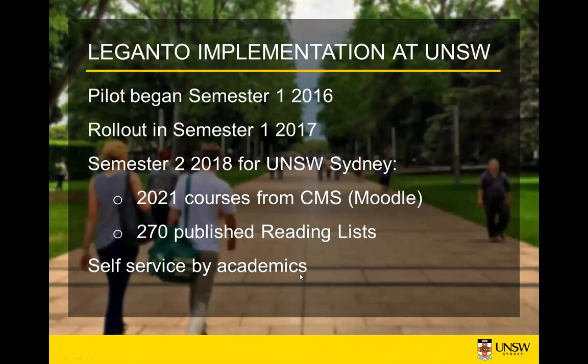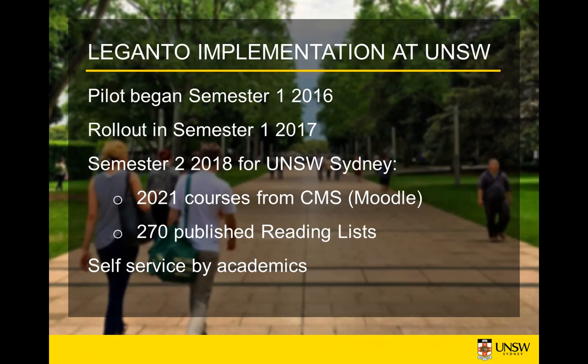While this is actually about the rollover implementation, I'll just give you a brief history as to how we've used Leganto in the past here at UNSW Library. We first piloted Leganto more broadly in 2016, and what happened then was the outreach librarians working closely with faculty found a group of academics who expressed interest in using the product.